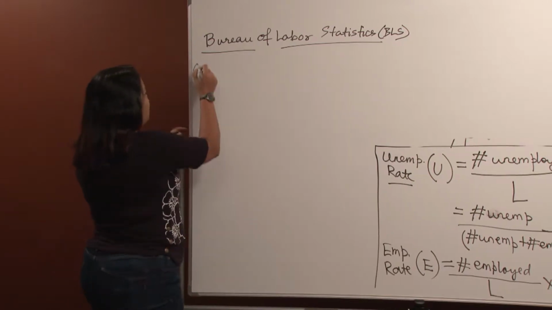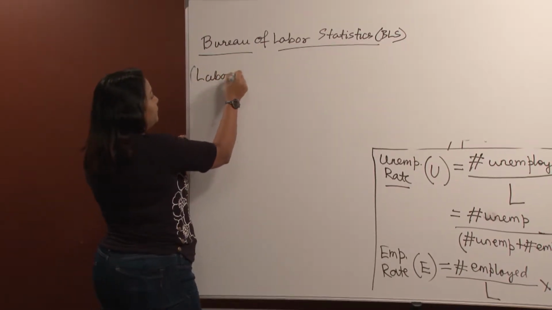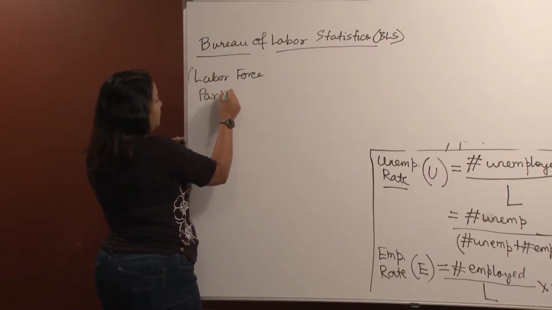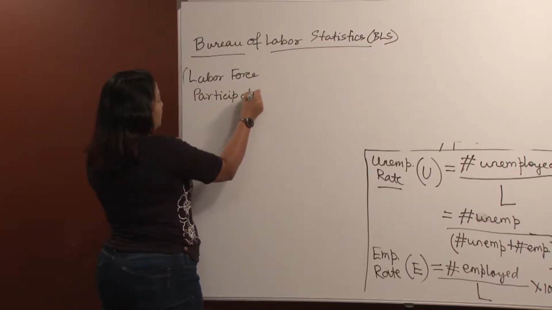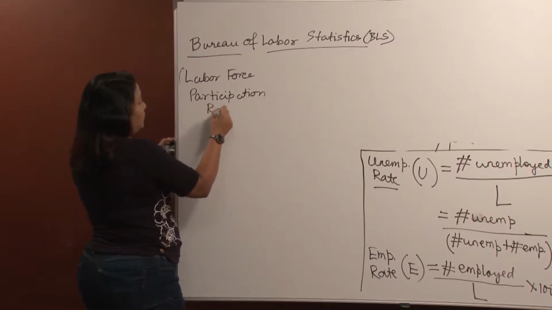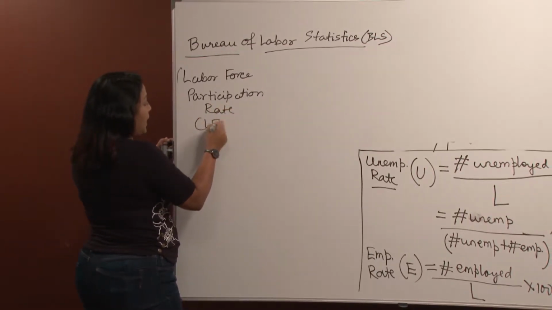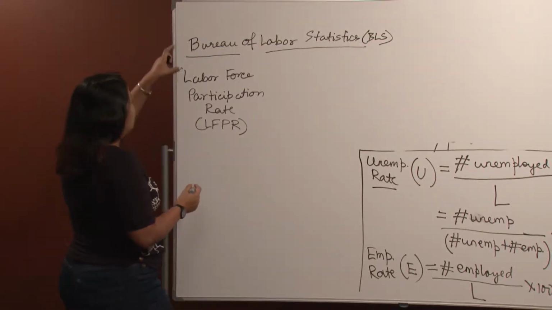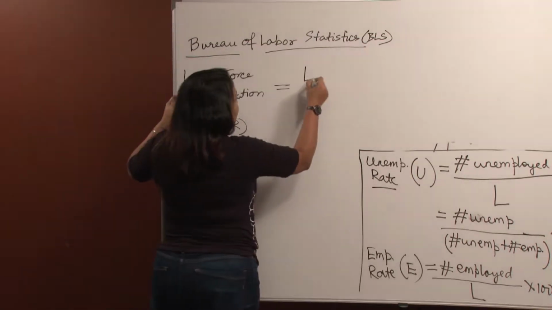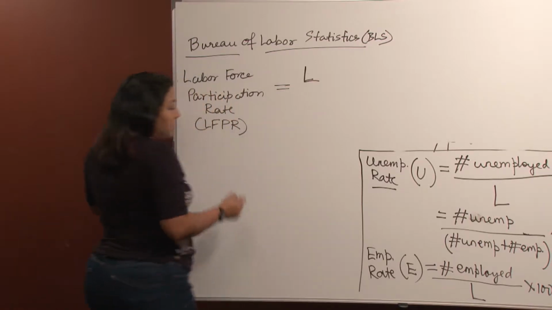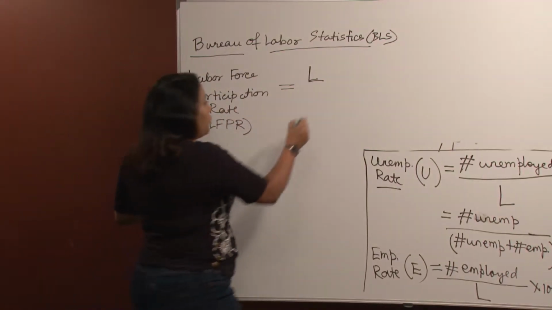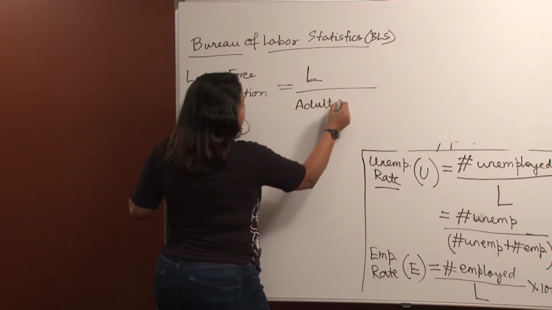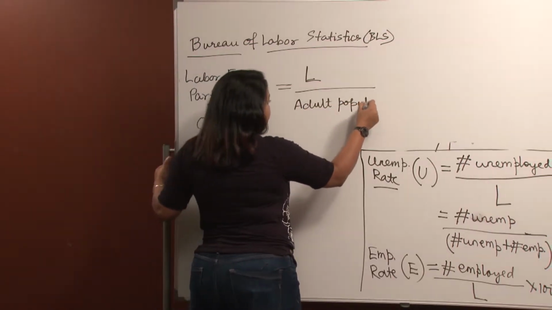So, labor force participation rate, LFPR, is basically the labor force, that is the capital L that we spoke about, divided by adult population.